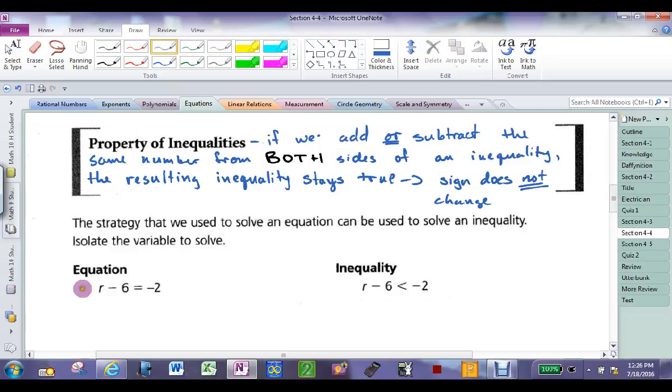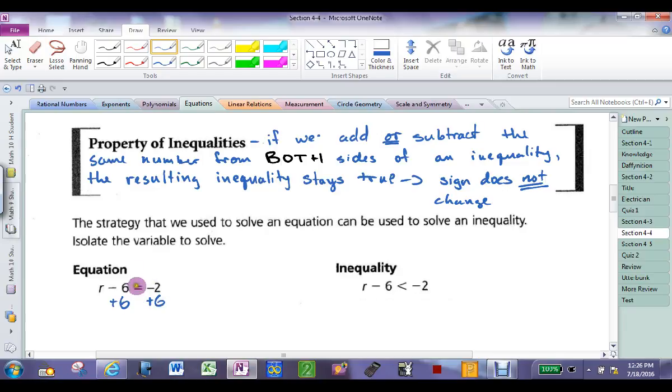How would you solve this equation? If I just walked up to you in a math class and said, go, solve it, what would you do? Get rid of the 6. How? Add 6. Now, did I do the same thing to both sides? Yes.